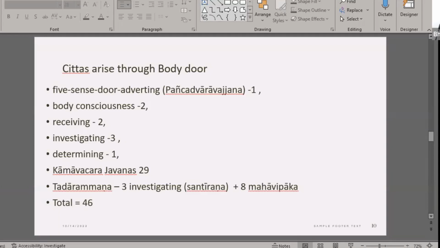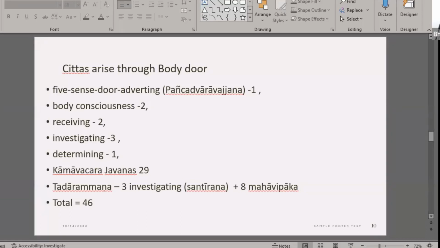If it's an undesirable, painful object, akusala vipaka, dukkhasahagata kaya vinnana, painful body feeling, body consciousness arises. Then receiving consciousness, for kusala vipaka that's kusala vipaka, for akusala vipaka sampaticchana. Investigating consciousness, santirana citta. Determining consciousness, votthapana, Kamavacara javanas, Tadarammana, and then falling again into bhavanga.